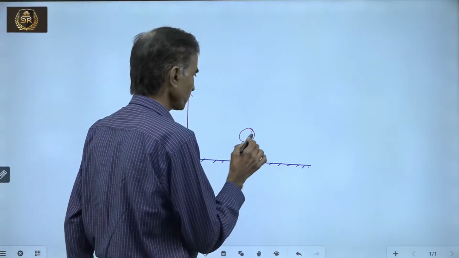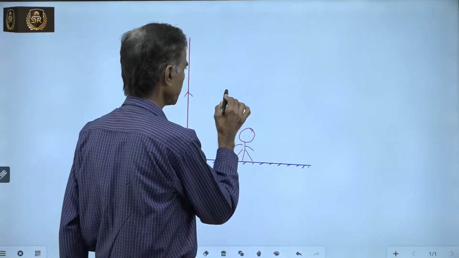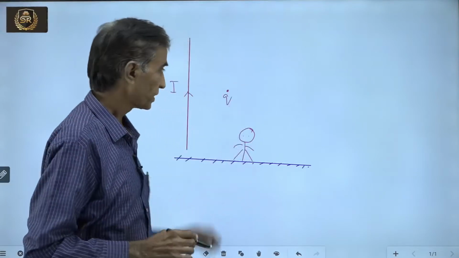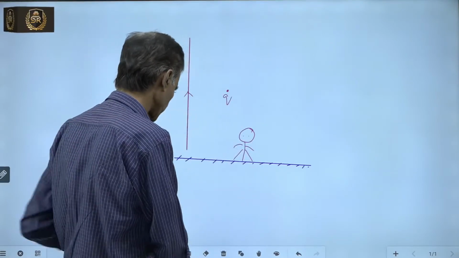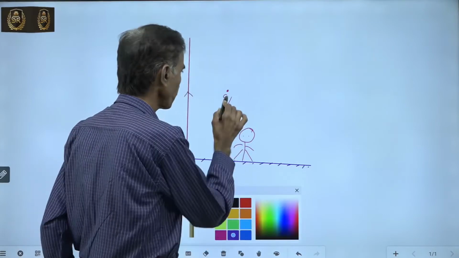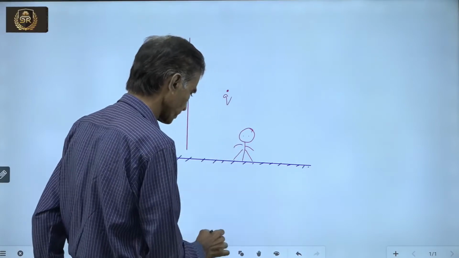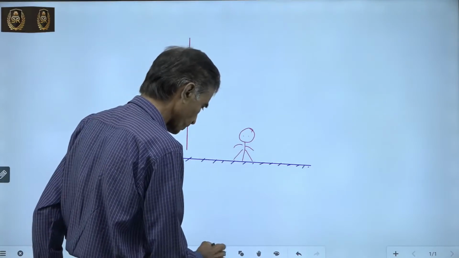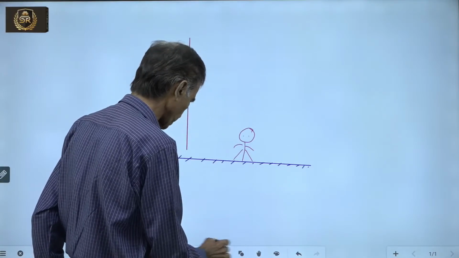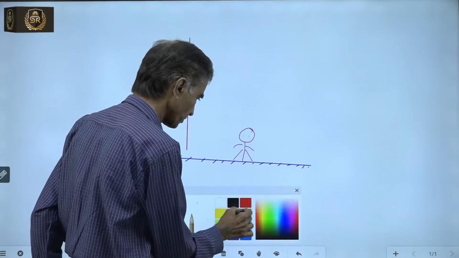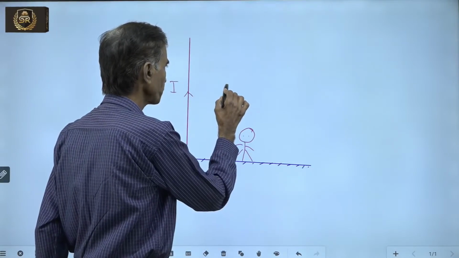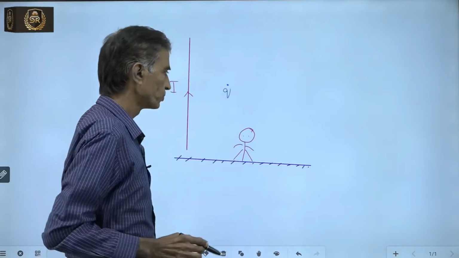Now, there is one charge. A charge q is kept here. I will take another color. This is a positive charge q.